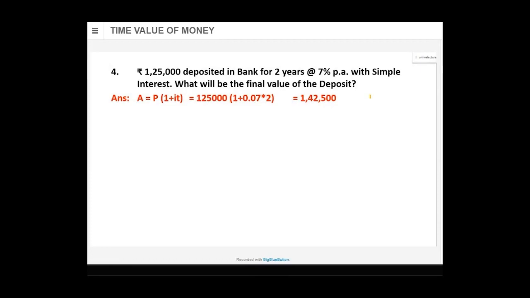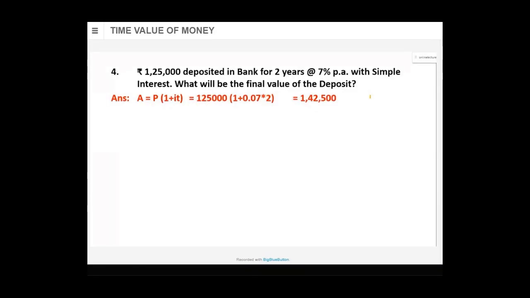You should do it on a calculator. How to do this sum on a calculator? Bracket to be solved first. On a calculator, 1 plus 0.07 into 2. First on a calculator, what will you do? You should take 0.07 into 2, then plus 1 and then into 1,25,000. Is that clear?